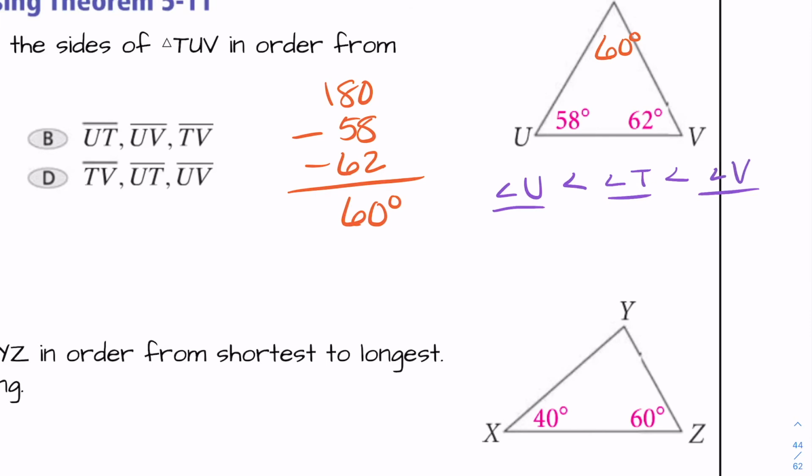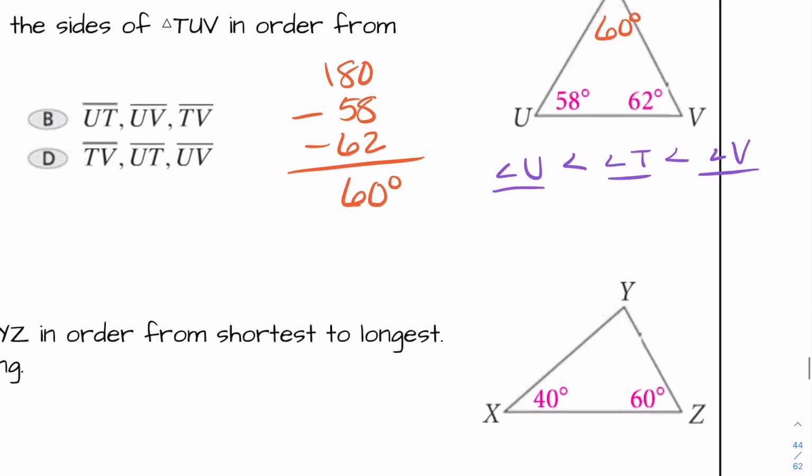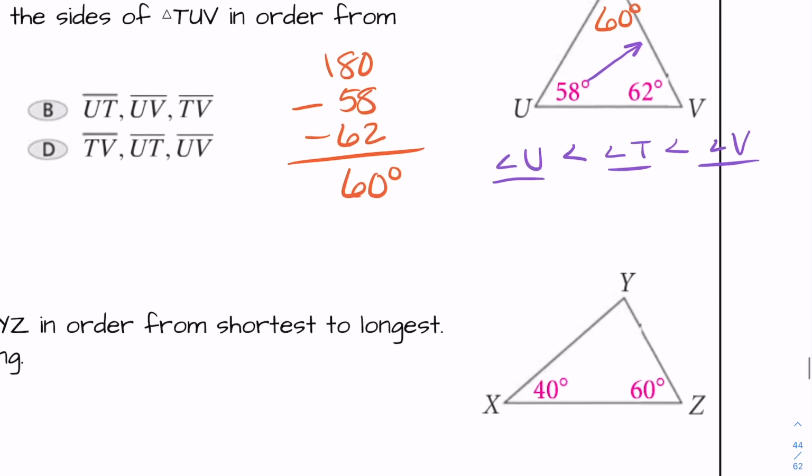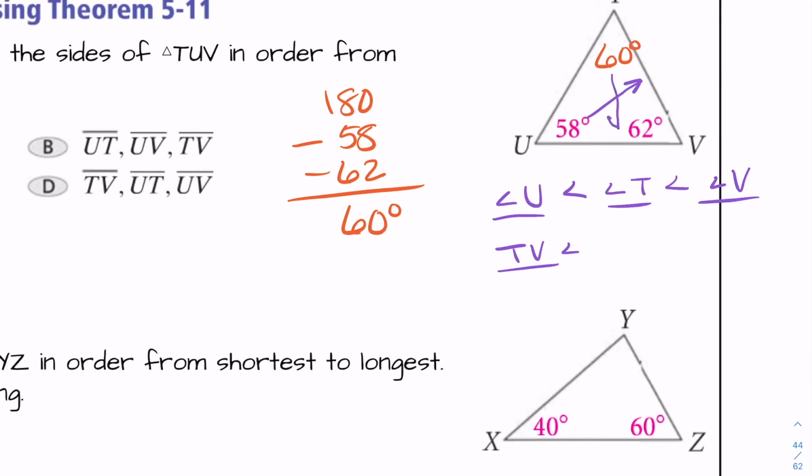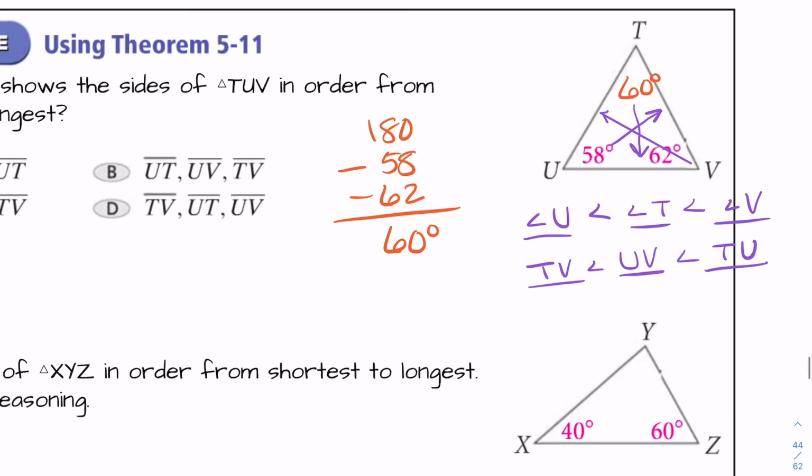Okay, and what that means is if U is the smallest angle, its side is TV. So TV is lesser, because you got to go opposite, than UV, which is lesser than TU.